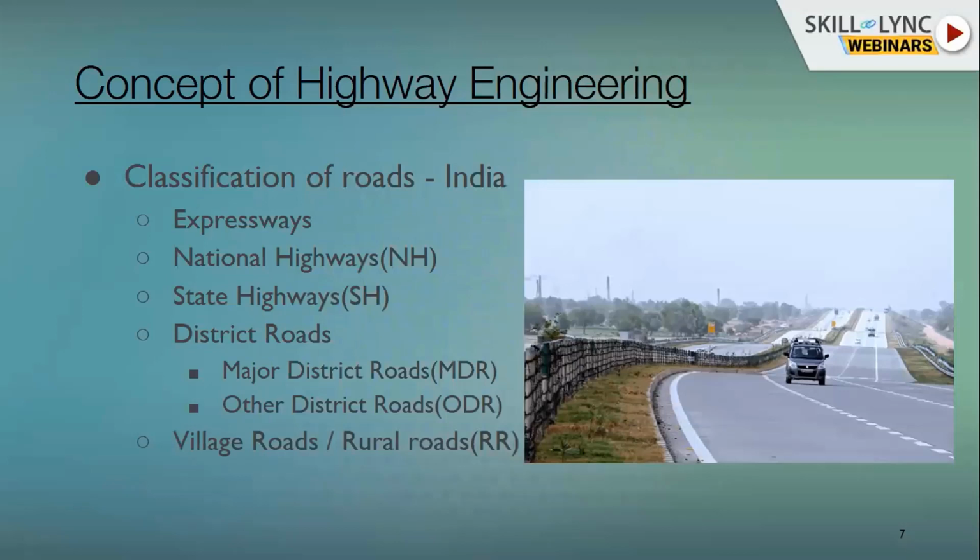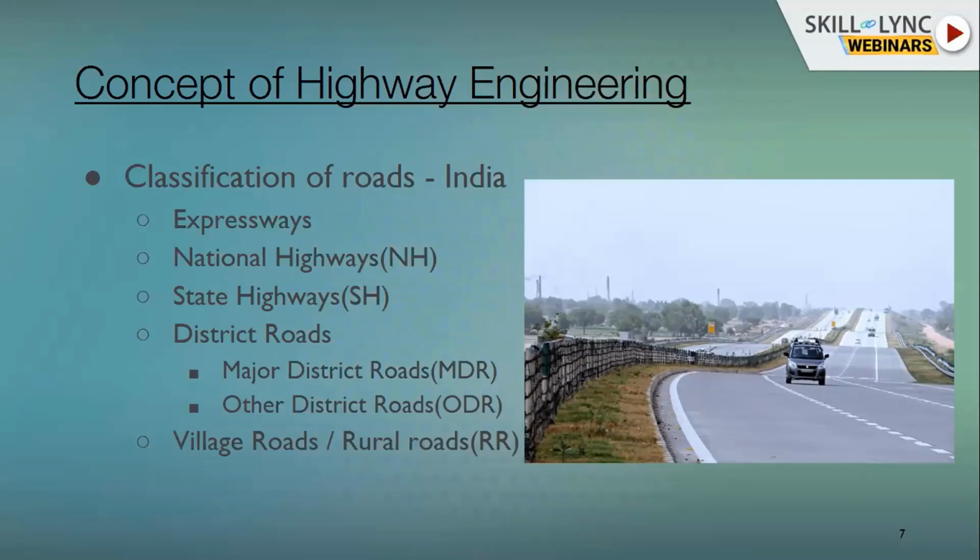These sets of roads are controlled by different authorities at different stages. If it is a national highway, it is controlled by the central government, and the expressway also is controlled by the central government. The other subcategories of roads are controlled by different departments.